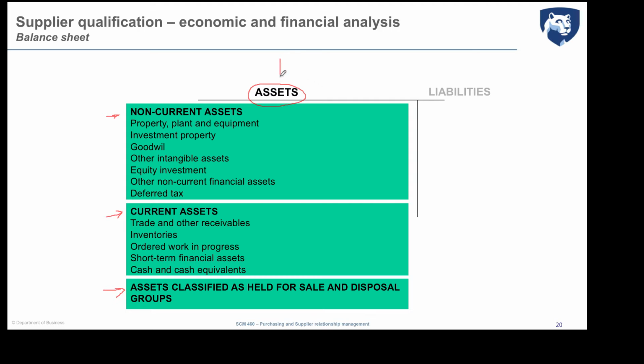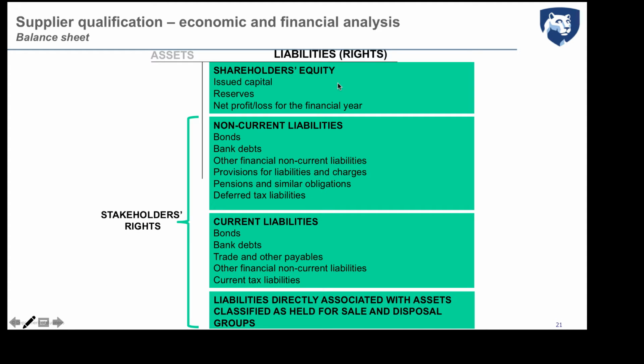That's the asset section. The asset section should match what is called the liabilities section. The liabilities section summarizes all the subjects that have rights on my assets, so internal and external people who have some linkage with my assets.